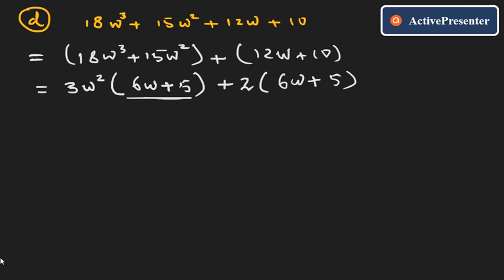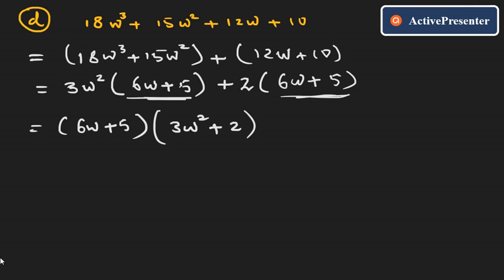Now we have 6w plus 5 here and 6w plus 5 here. So taking it as the greatest common factor, we would have 6w plus 5 outside and, open parentheses, we will be left with 3w squared plus 2, and your factorization is done for this question.